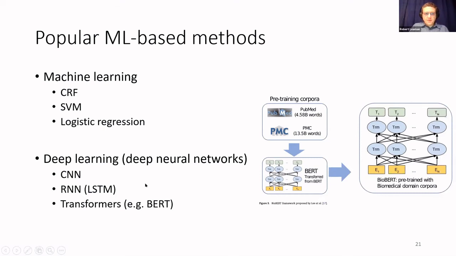The deep learning methods that are becoming very popular include convolutional neural networks. These were originally introduced for addressing image classification tasks, and have also found use in biomedical text mining.